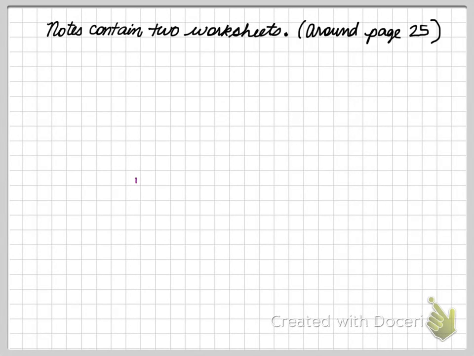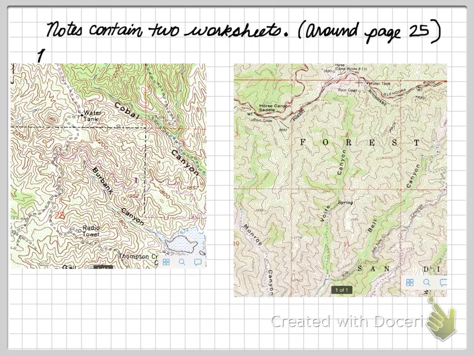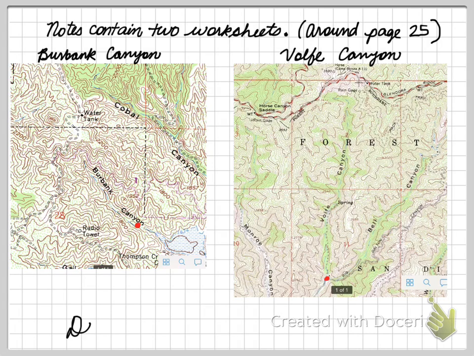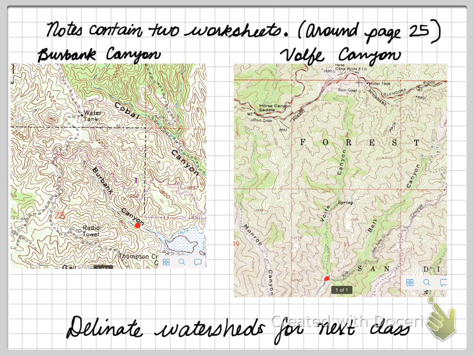They are located around page 26. Next, the topograph for Burbank Canyon, which we just used, and Wolf Canyon are the two I want you to practice with. I have identified the two locations with dots on this particular video that I'm interested in you delineating. Please bring your delineated watershed to our next class section.